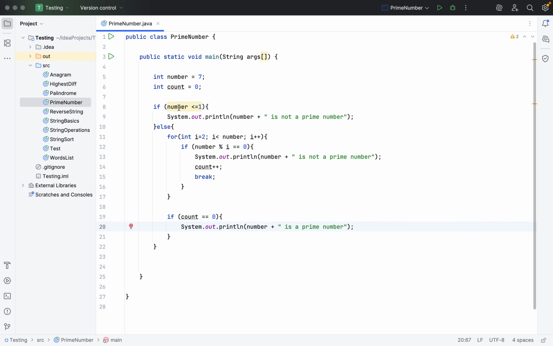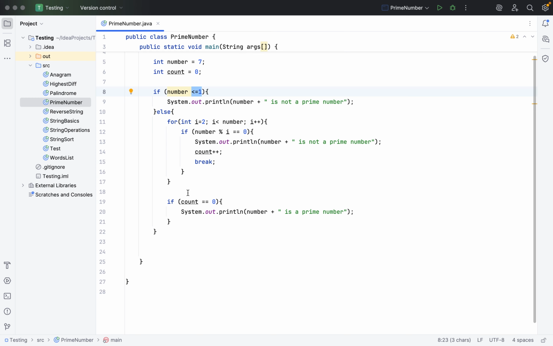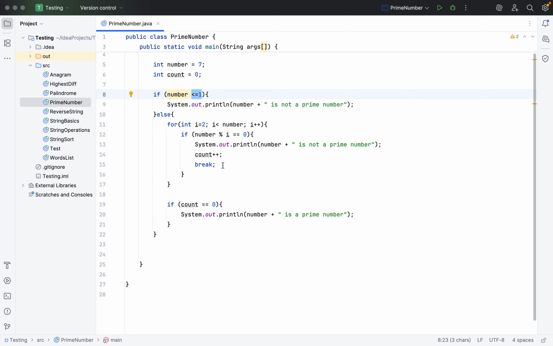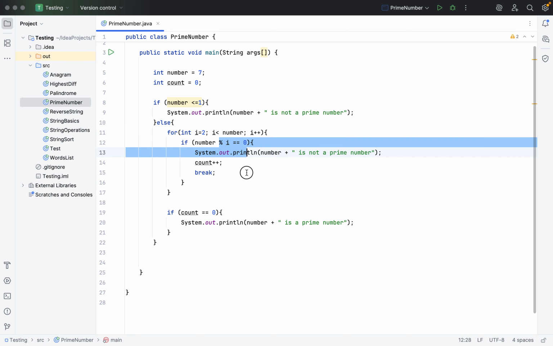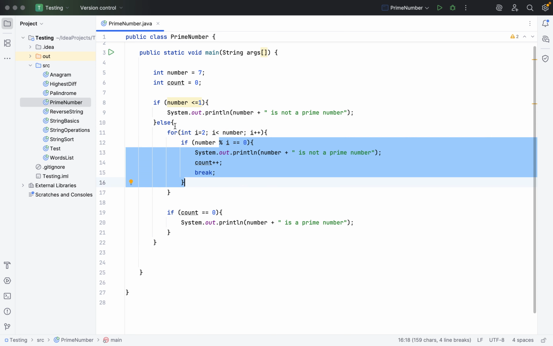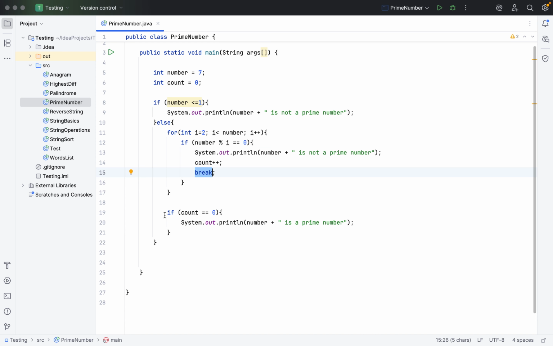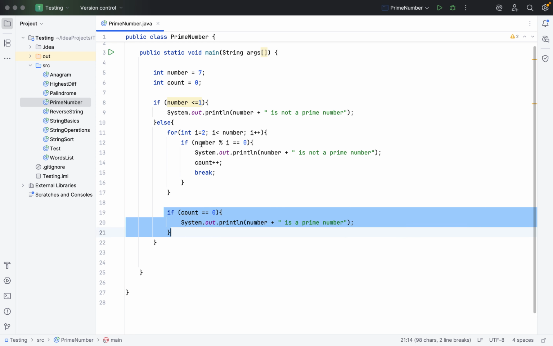Initially it will check whether the number is less than or equal to 1, which means it's not a prime number, and we don't need to spend any time doing any calculation. On the other hand, if it is more, we will loop and check if it is divisible by any number between 2 and the number less than 1. If it is divisible, we'll determine that it's not a prime number and break. In the end, if the count is 0, that means it has never passed this condition, so it is a prime number.